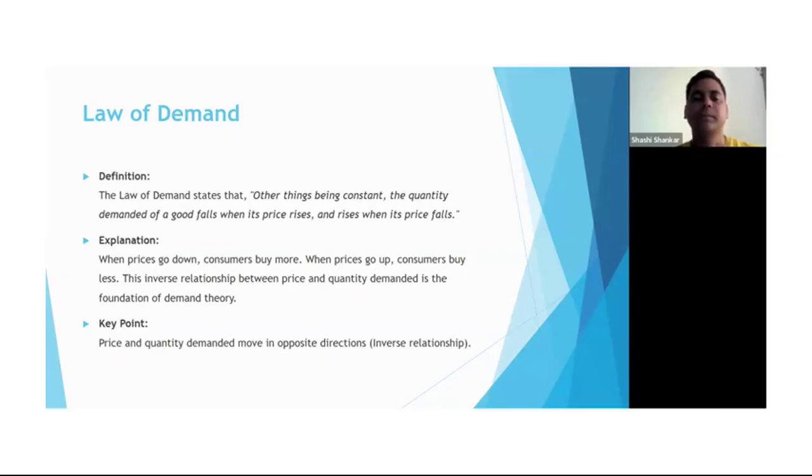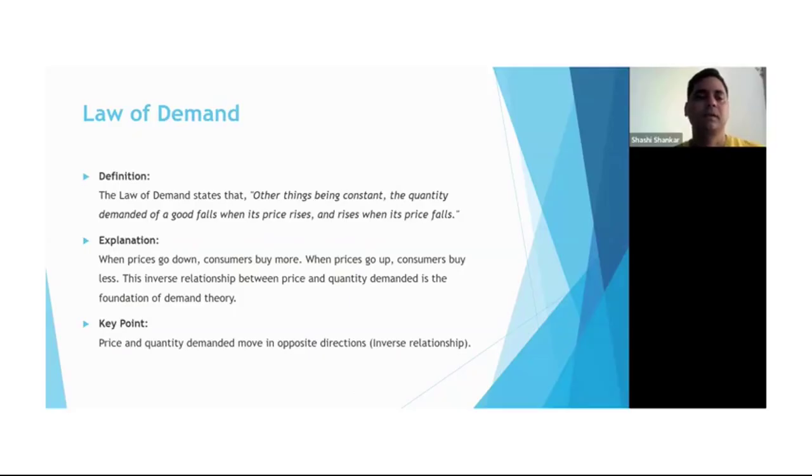So one key point is that price and quantity demanded move in opposite directions. As I mentioned, inverse relationship is nothing but opposite directions.